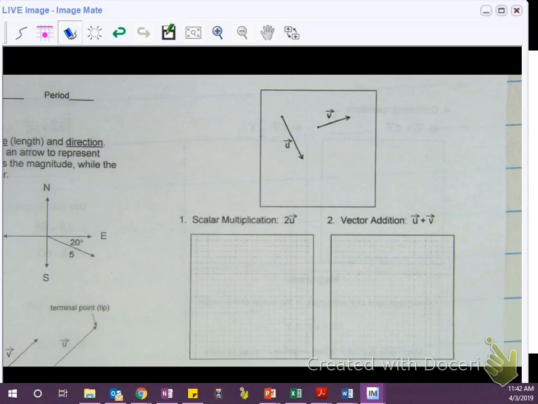So this is vector u, and so this one is u, this one is u, this one is v. All right, the grids didn't print. Oh, we don't do it there.